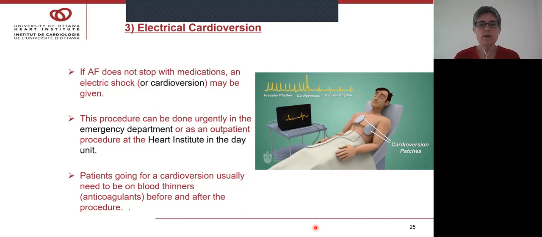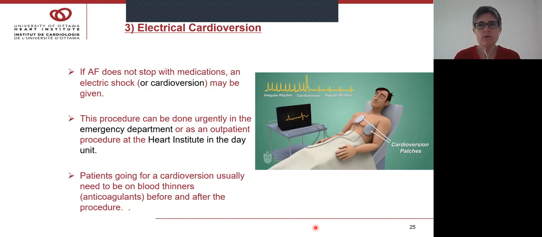You can have the cardioversion done in emergency if you show up in AFib and you're not feeling well. If that's the case, the doctors will want to know either that you've been in atrial fibrillation for less than 24 hours, or that you're on blood thinners already and are taking them every day.